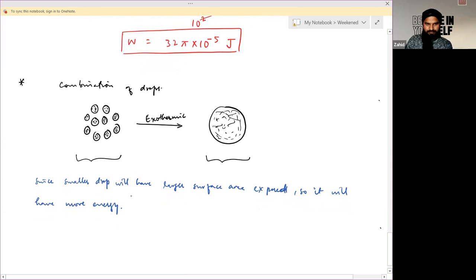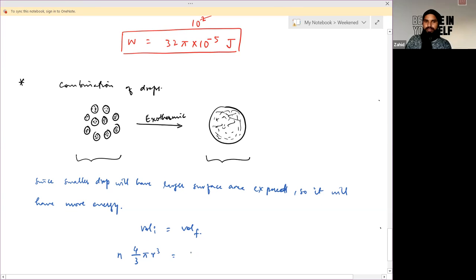Next is that the volume on either side of the liquid will be the same, so volume initial should equal volume final. Each drop is spherical in shape, having volume 4 by 3 pi r cube, and there are n drops, so it will be n times 4 by 3 pi r cube.